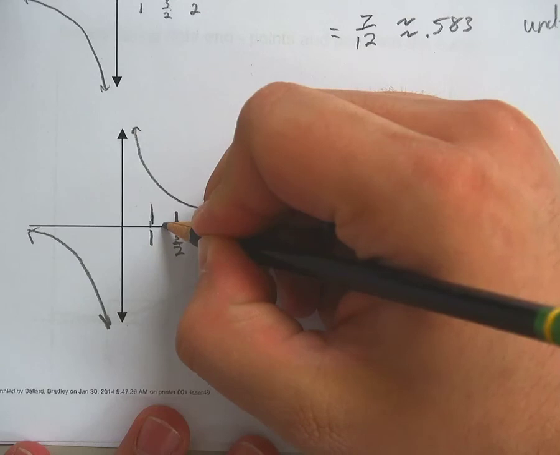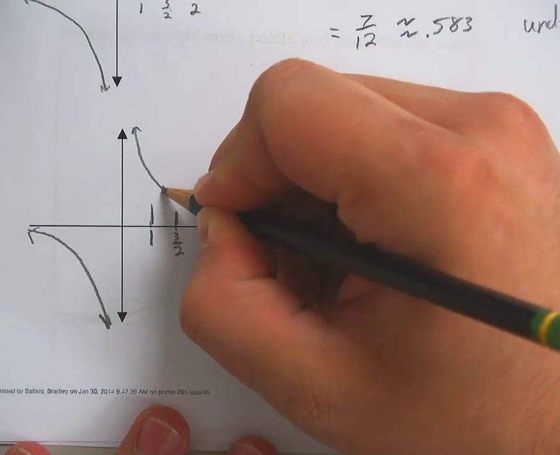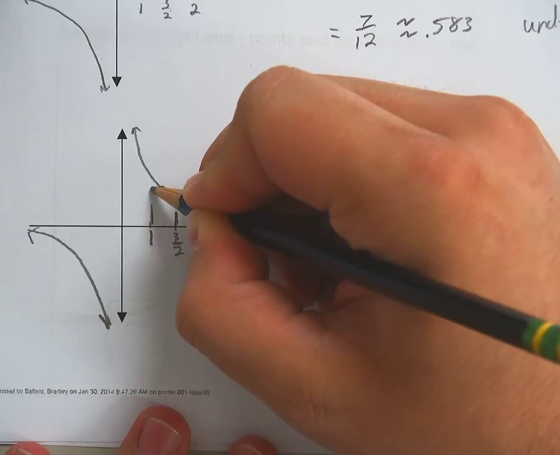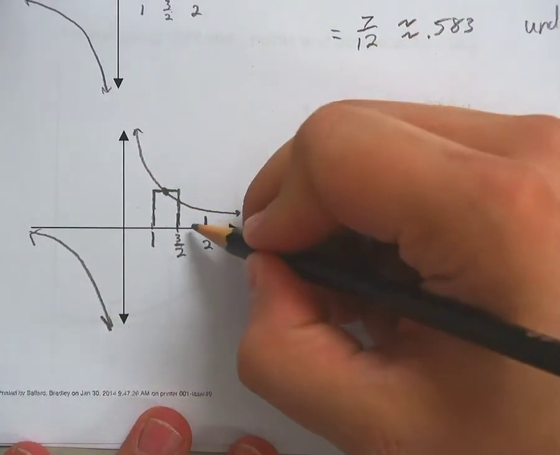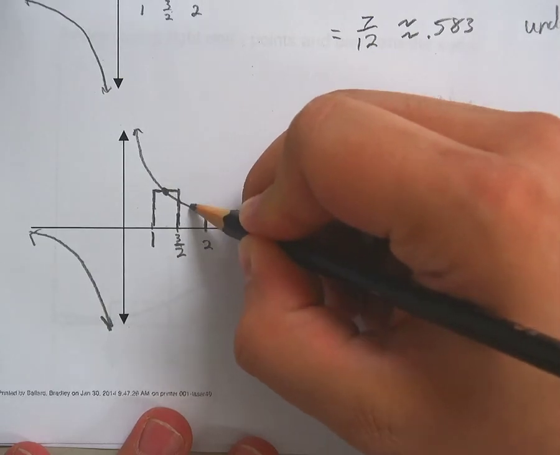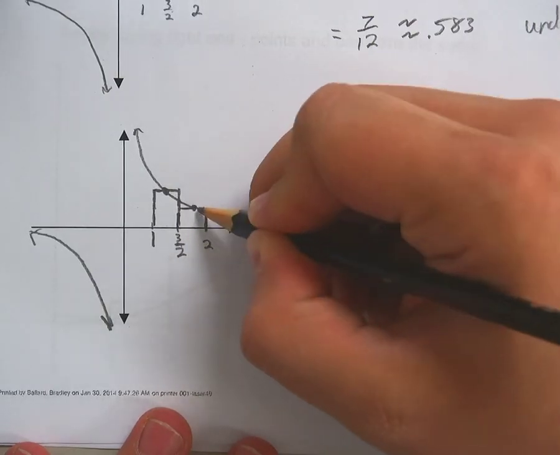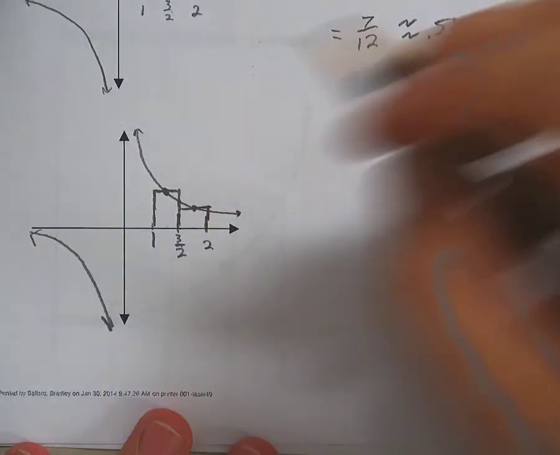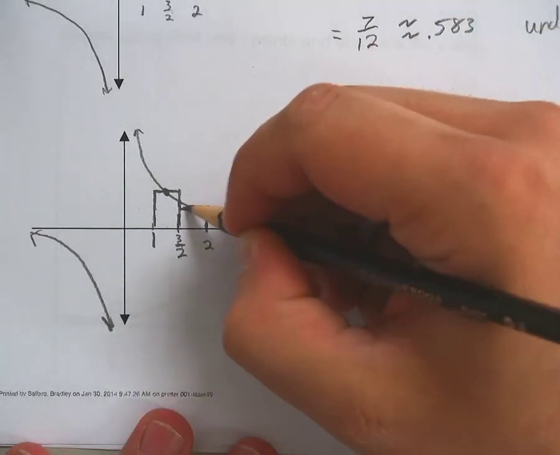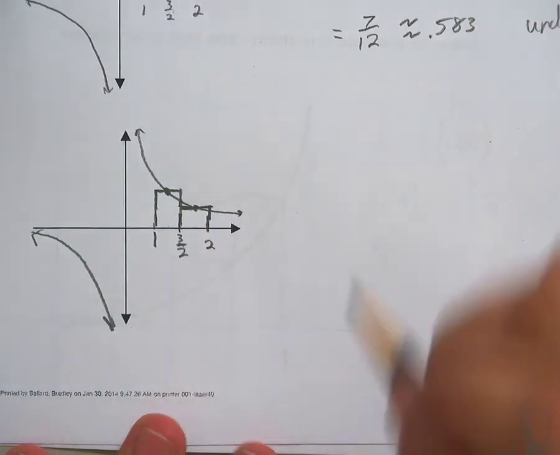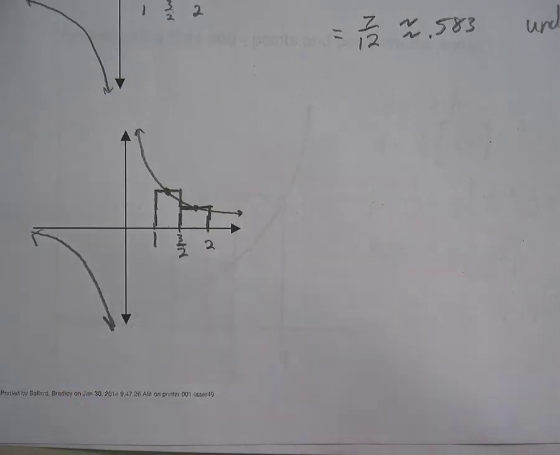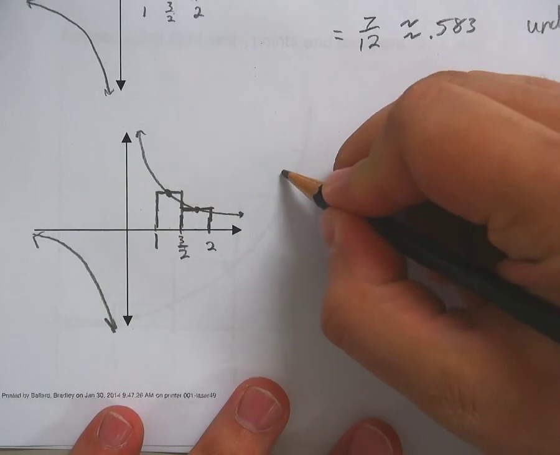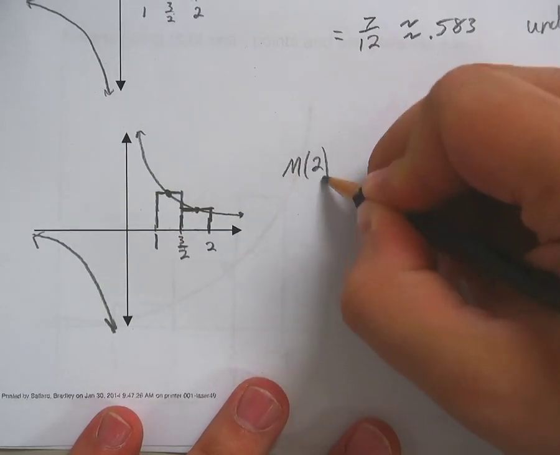So I'm going to go up to the middle of these numbers, find my graph. There's my height. Go to the middle of 3/2 and 2, find your graph. There's your height. You can definitely see how this one is going to be the best type of estimation. So you've got a midpoint sum, 2 rectangles.